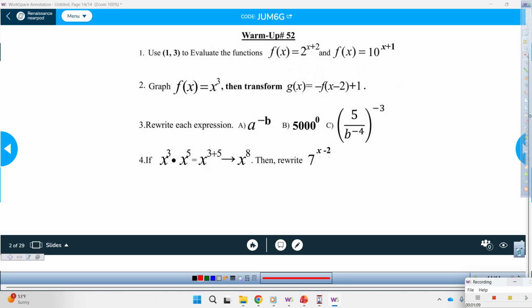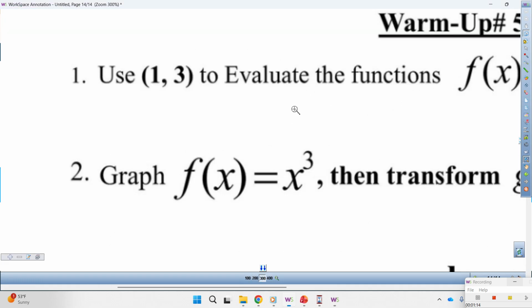So, let me zoom in. Now, some of you are like, I don't remember, Mr. Q. Look up. We said parentheses is not including the number, is that correct? Yes. However, bracket means include the number. Is that a good review? Yes? So if we go from 1 to 3, do not include 1 and do not include 3. So what am I going to use? I'm going to use the number 2.